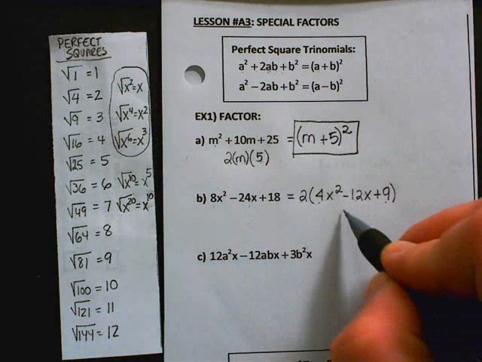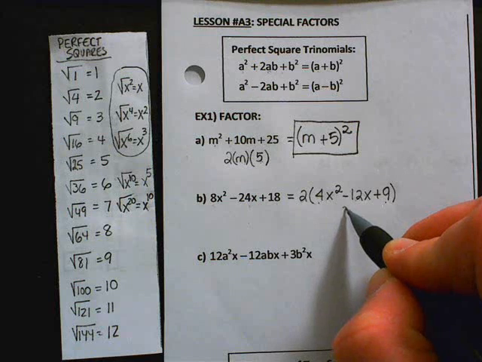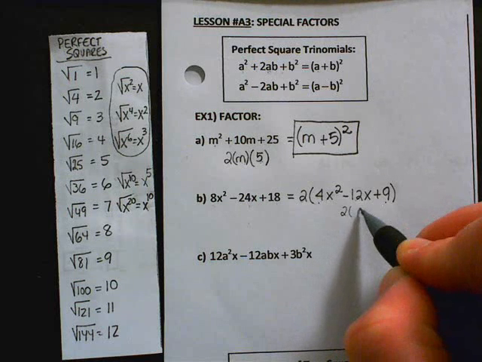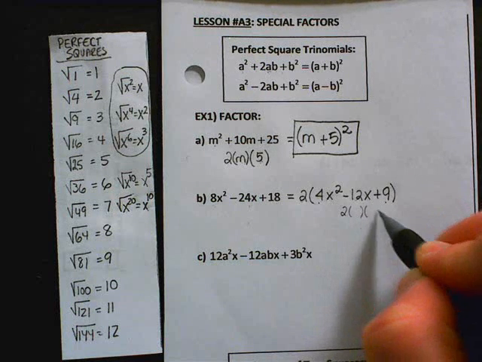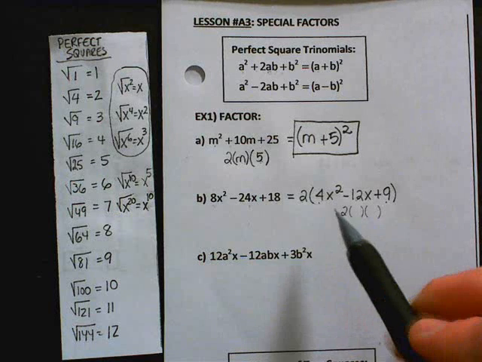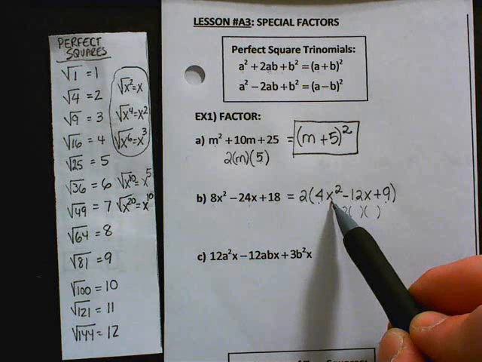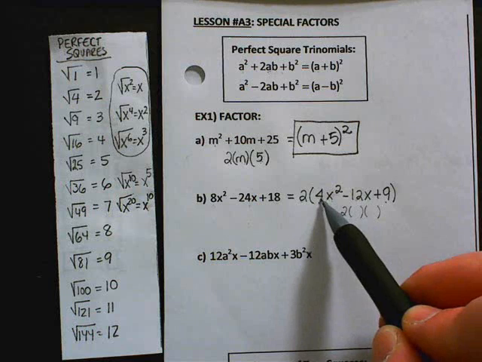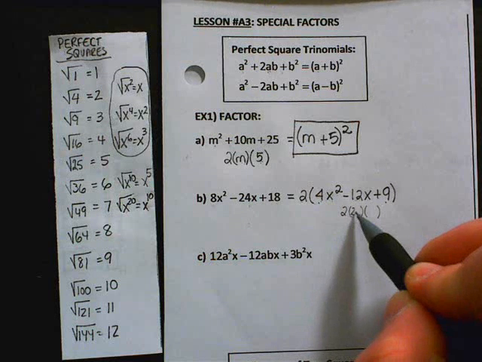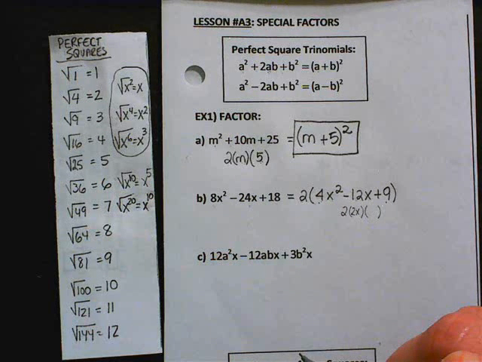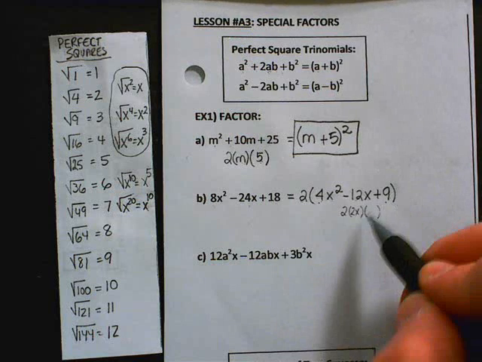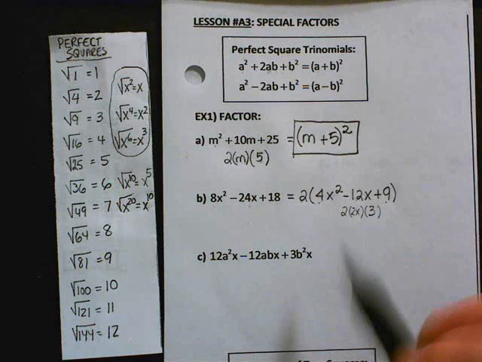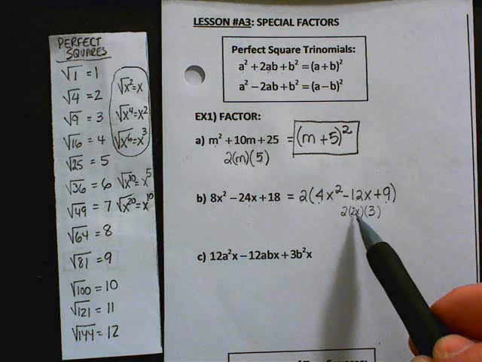Alright, final check. You write down 2 times parentheses, and let's take the square root of 4x squared. The square root of 4x squared is 2x, so we put it there. And the square root of 9 is 3. And then we check. Does 2 times 2x times 3 give me 12x?